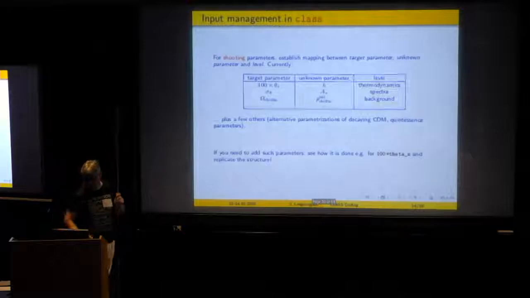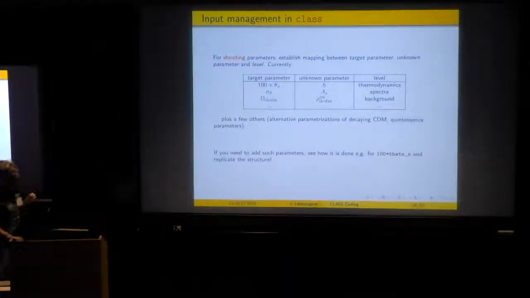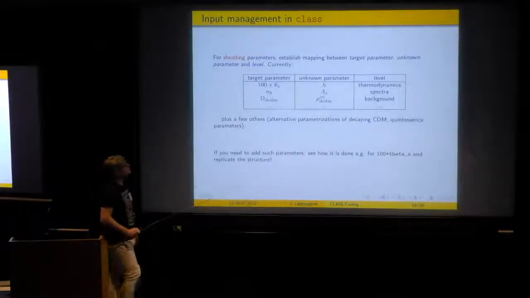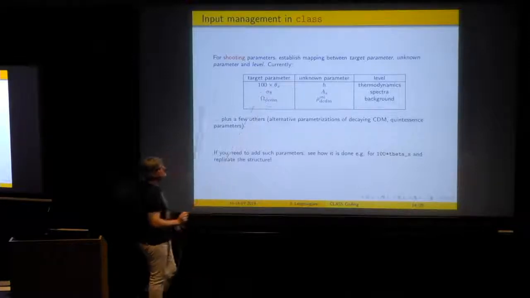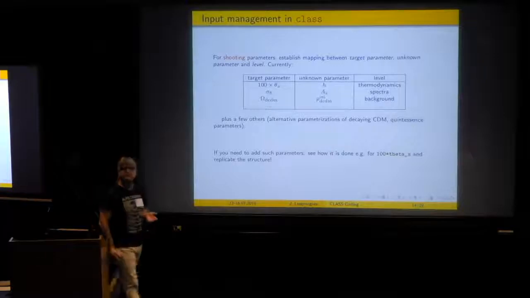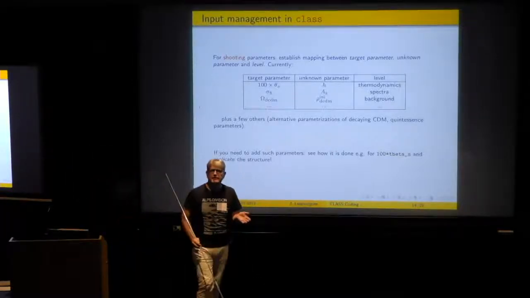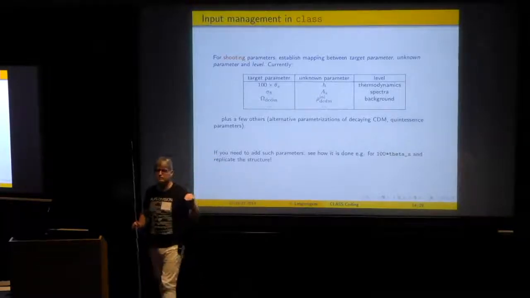For the shooting, there is an additional difficulty. The shooting, for instance, can occur when you want to pass as an input value sigma 8. Sigma 8 is a way to normalize your matter power spectrum at a given scale today. But for the Boltzmann code, it's horrible to be passed sigma 8, because the Boltzmann code needs to start from some initial amplitude.